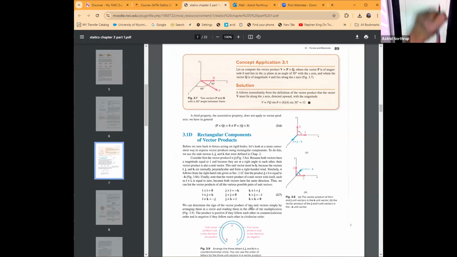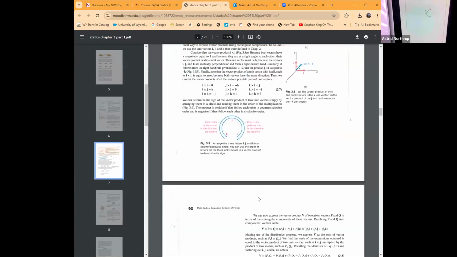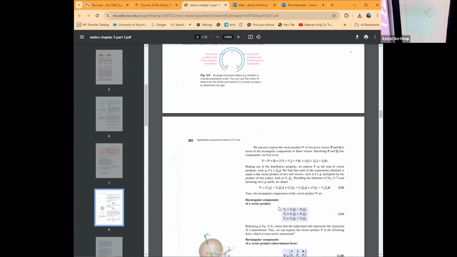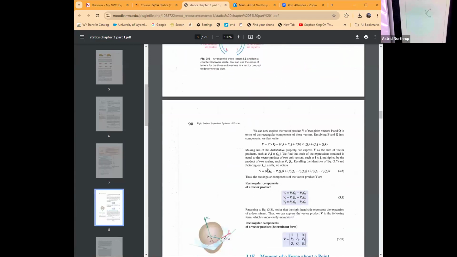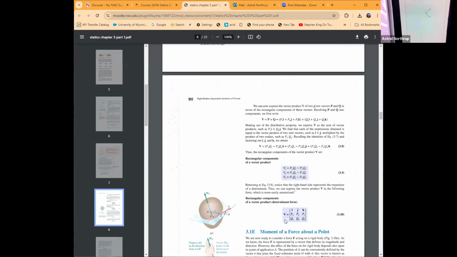And then you don't really have to even keep this in mind, the positive and negative situation. These pages will show you how to do a cross product. And the easiest way to do it is to use an array.